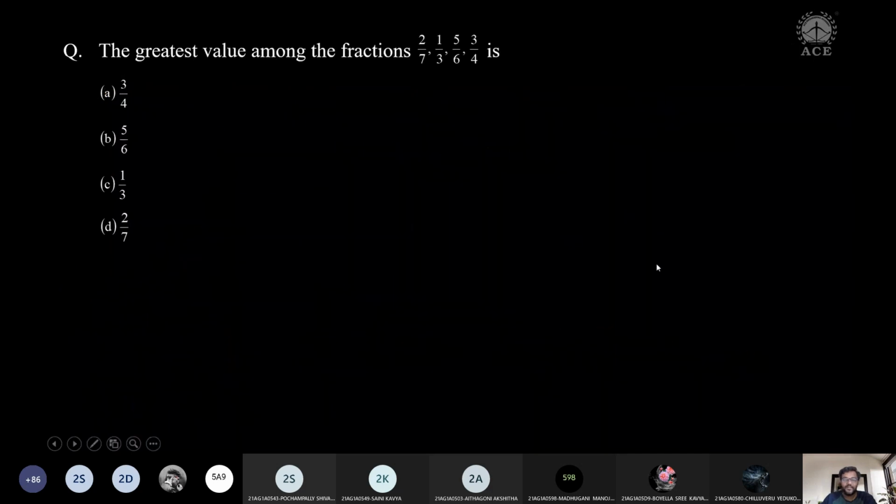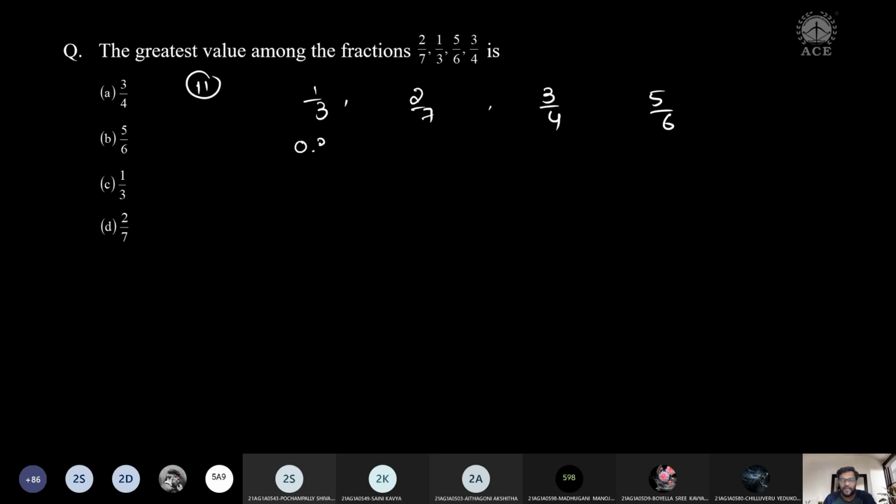Now see this 11th one, my dear friends. 1 by 3, 2 by 7, 3 by 4, 5 by 6. Few people are trying to convert into decimal and deciding that this is 0.33.